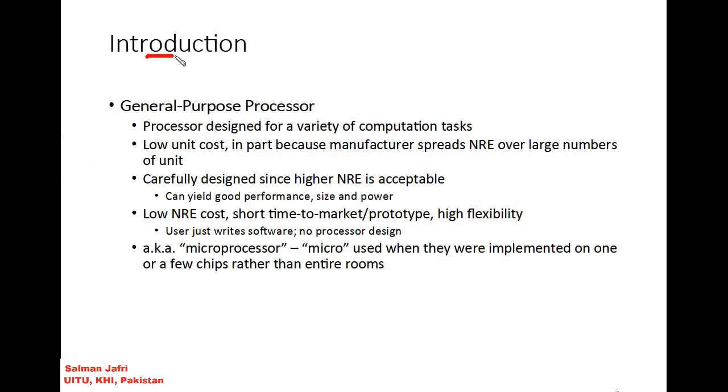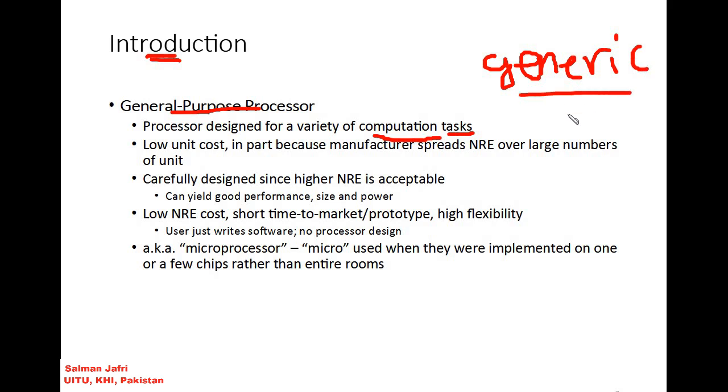So a little introduction as to what is a general purpose processor, and as we have discussed before, it is a processor that is designed for a variety of computational tasks. So microprocessor is generic, right? And being generic, it is designed to execute lots of programs, lots of operating systems.